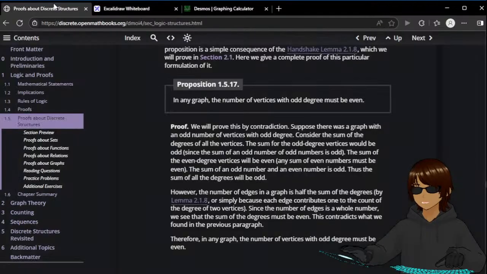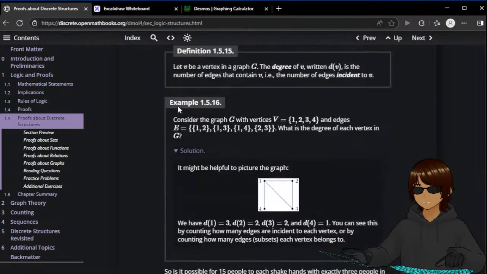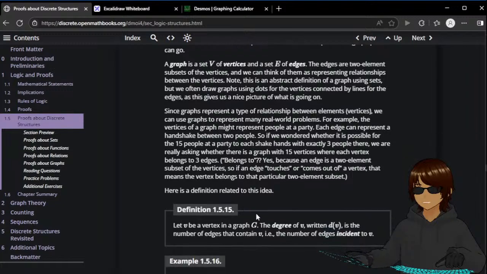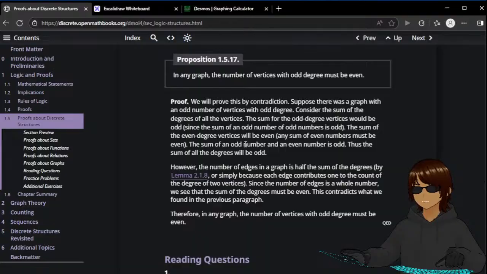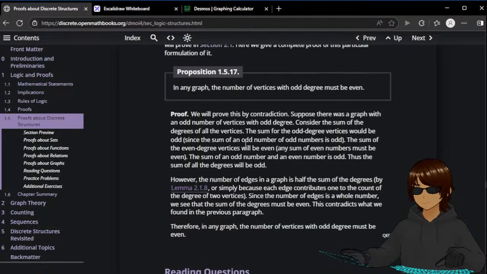Okay. So we have degrees is the number of edges, right? Yeah. So the number of edges touching the vertices would be odd. The degree of the vertices would be odd. Well, the number of edges would be half of that.